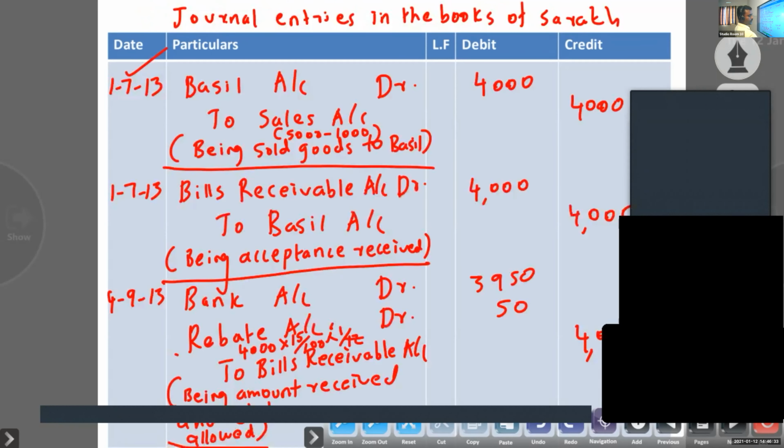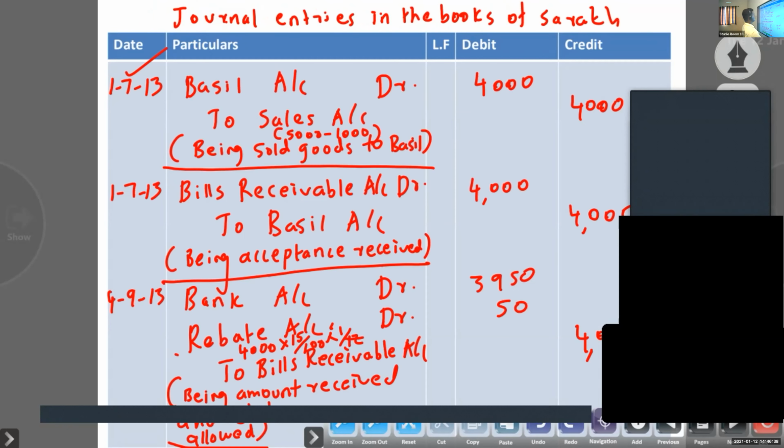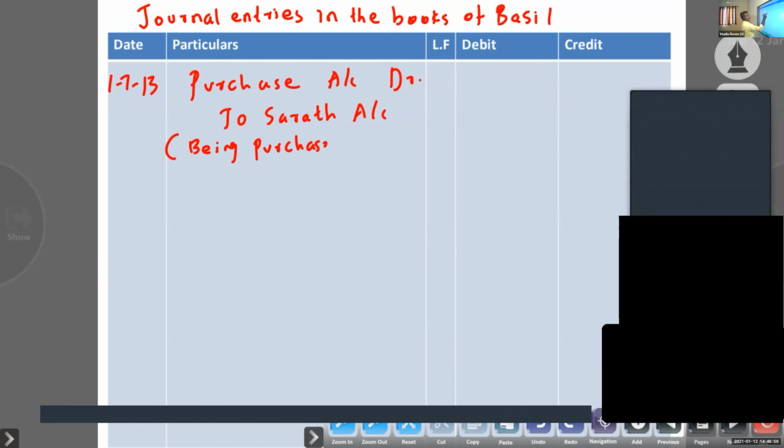So there sales, so here purchase, same date, 1/7/2013. Purchase account debit to Sharath account, being purchased goods from Sharath. Same amount.